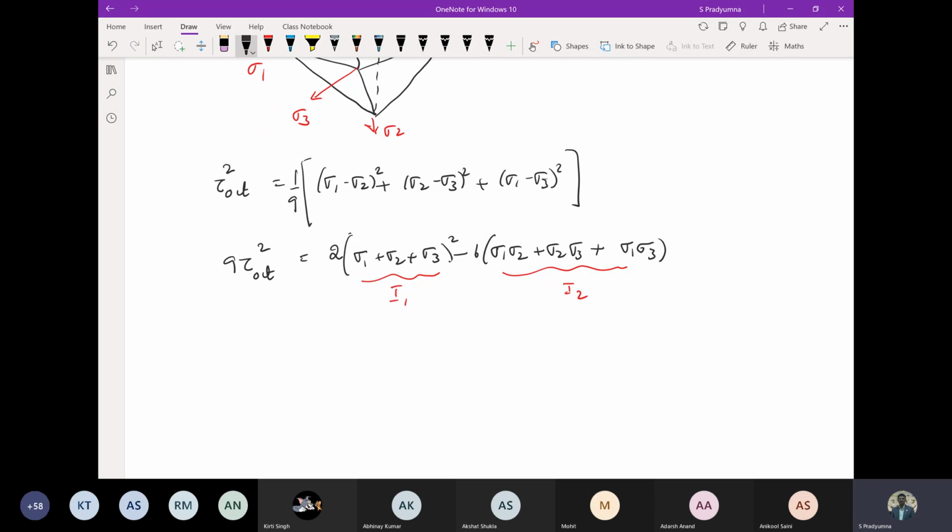Therefore, I can say that tau octahedral is equal to root 2 divided by 3 times I1 square minus 3I2, under root. I think there is a square also. Okay, so is it correct? I can write it as tau octahedral, that is the octahedral shear stress on an octahedral plane. So this is the definition of this.